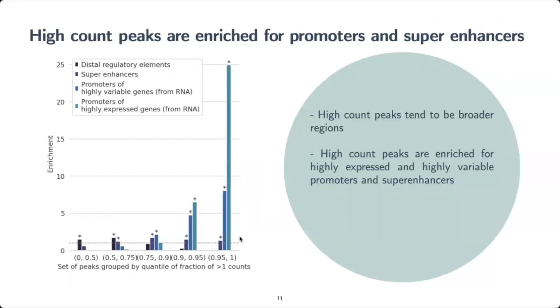And we saw that the high count peaks, they are enriched for promoters of highly variable genes, which are genes that are interesting for this data set, and also highly expressed genes, and also super enhancers. So these are regions, promoters that tend to be highly transcribed and therefore more accessible.